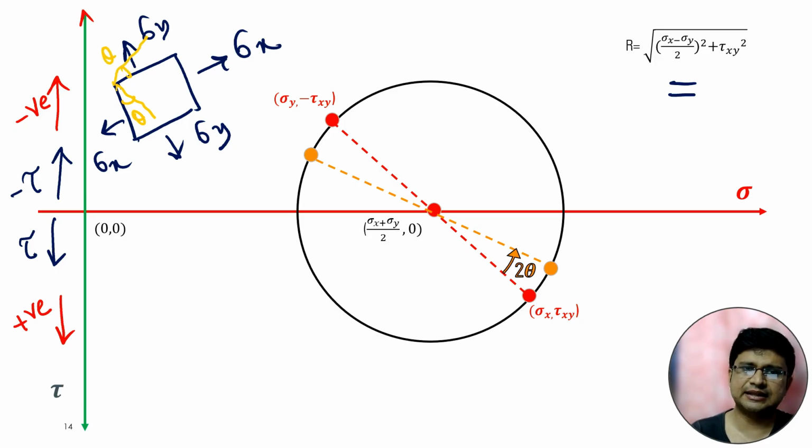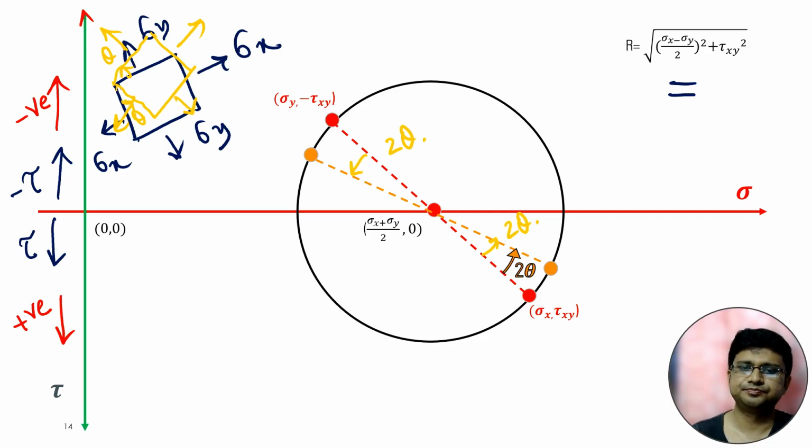If we consider another stress condition at an angle of theta, then the stress will actually change, and these 2 points will be rotated by 2 theta in the anti-clockwise direction. We are considering anti-clockwise direction as positive. If it is clockwise rotation, then it will be negative.